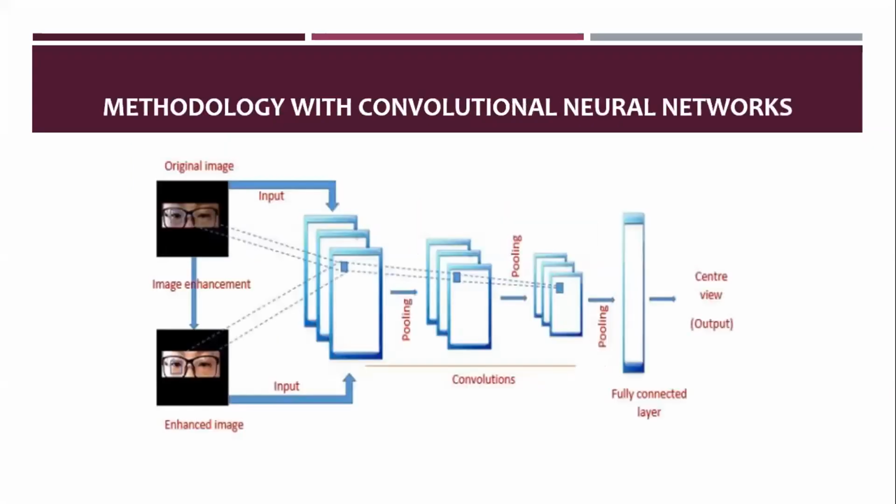Now, this is our CNN model. The first image represents the original image that goes through a series of convolutions before it's able to predict if the individual is looking to the center, to the left, to the right, or facing upwards. And then the second image, beneath the original image, is the enhanced version of the original image that serves as input and then goes through the convolutions in order to give us the output that we require.